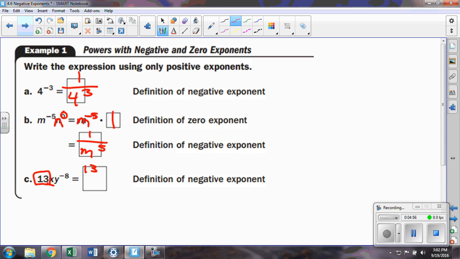What is the exponent on the x? Positive 1, so as a positive, we'll leave it in the numerator. What about the exponent on the y? That's a negative. As a negative, that's one that we'll take to the bottom and make it positive. And we're done. Everything now has a positive exponent.